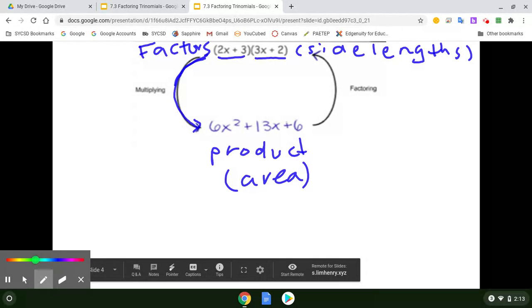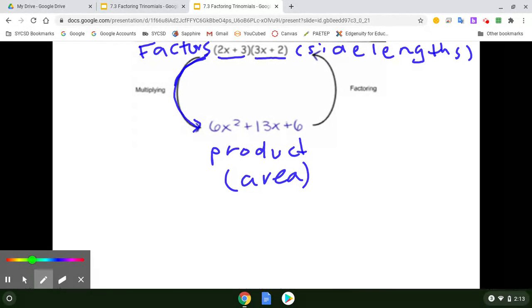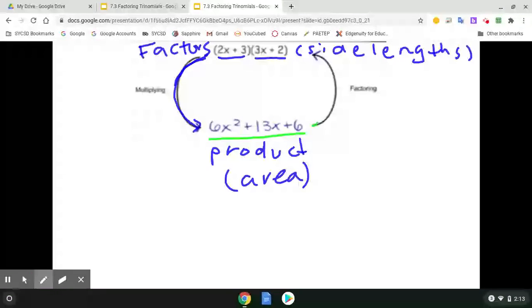Today, we are going to look at reversing this process. So now we want to start with the product and apply factoring to get our factors. But one of the most important things is what is going on in between.